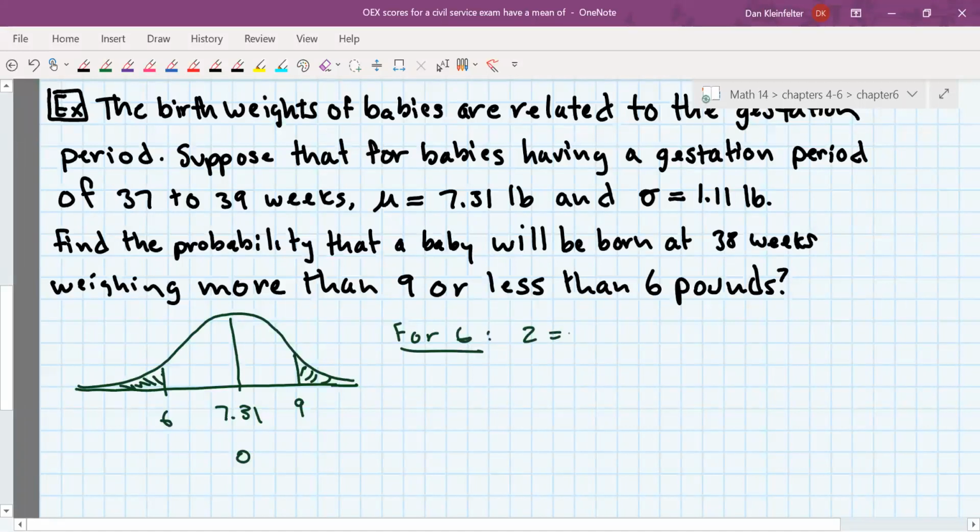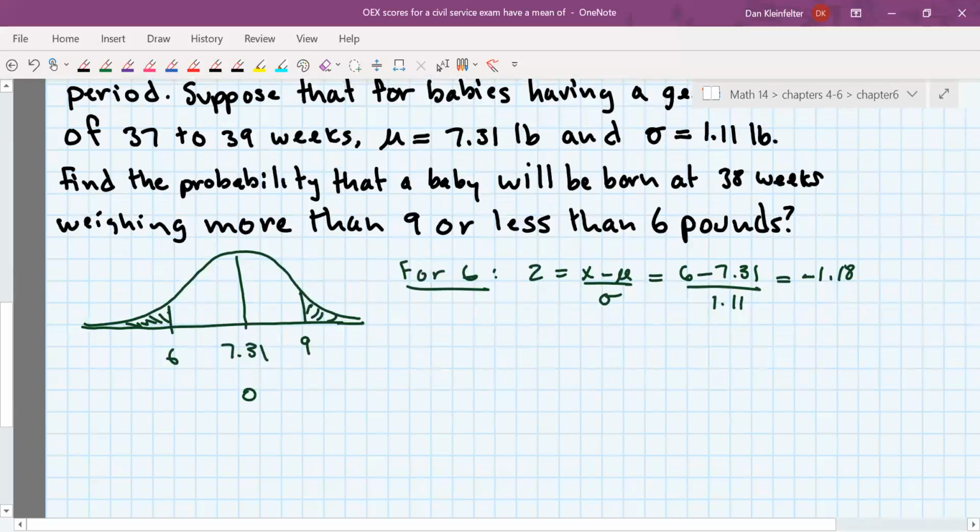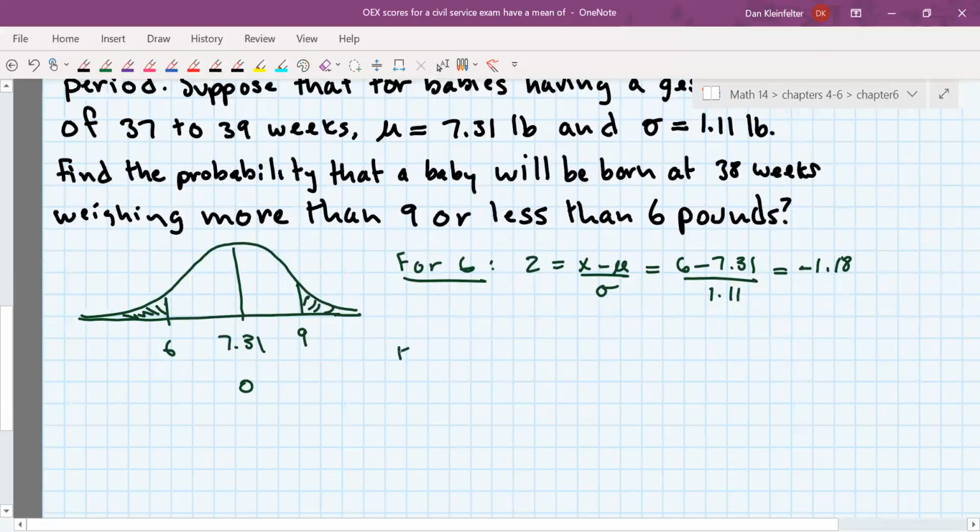So Z is X minus mu over sigma. That's 6 minus 7.31 over 1.11. Remember that anytime you have a value below the mean, it should have a negative Z value. We'll end up with negative 1.18. We'll worry about the areas in a minute.